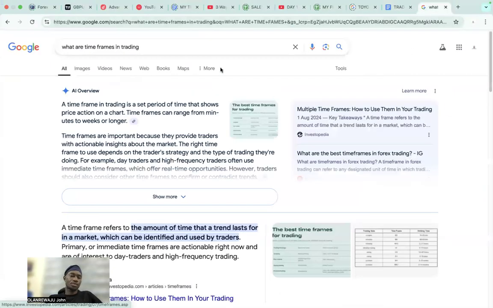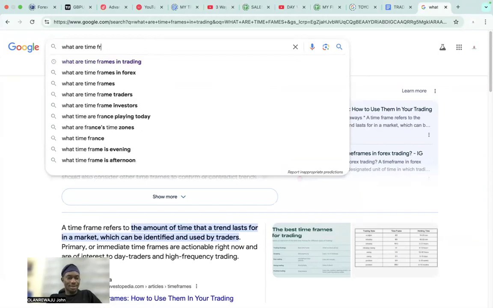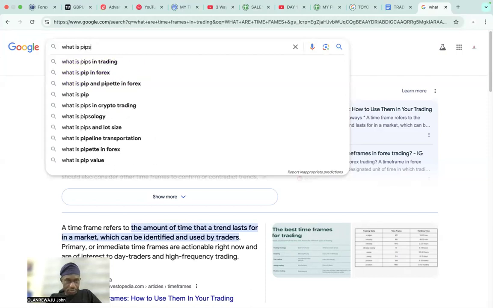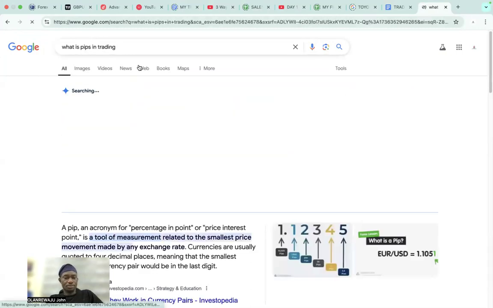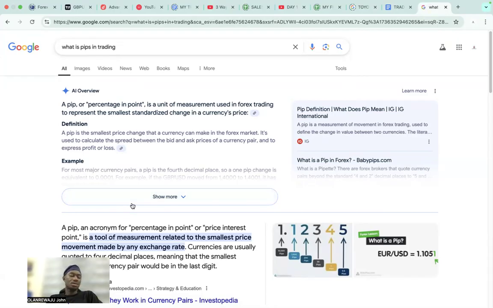As usual, let us consult with our friend and partner. What is a pip in trading? All right, you see it. So pip is a tool of measurement. A pip, or percentage in points, as you've read on BabyPips, is a measurement.